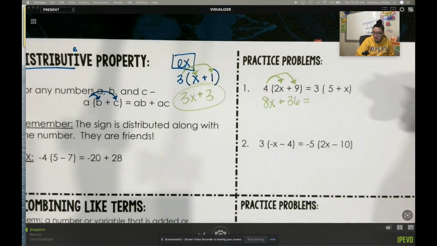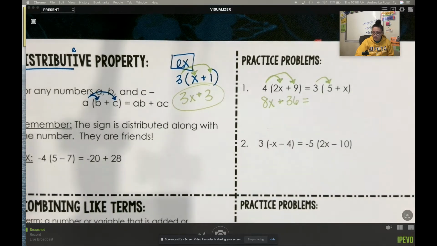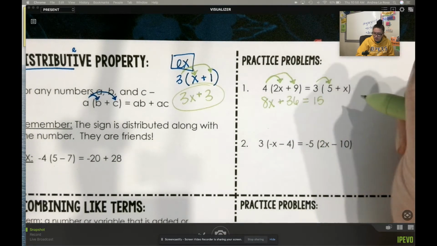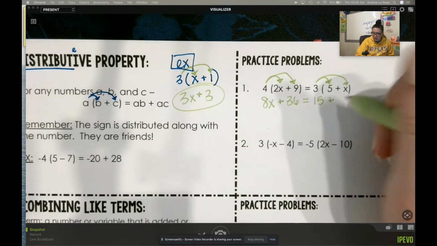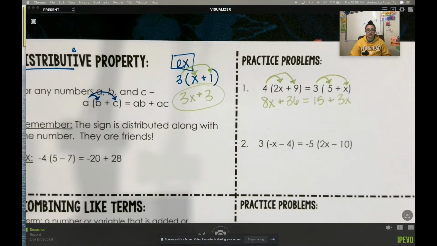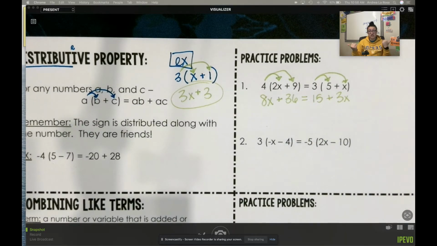And that is equal to, I got to distribute on that side, 3 times 5, which is 15. Bring down my plus, 3 times x, which is 3x. We're not worrying about solving, we're just practicing distributing. So that's all I've got to do on that problem.